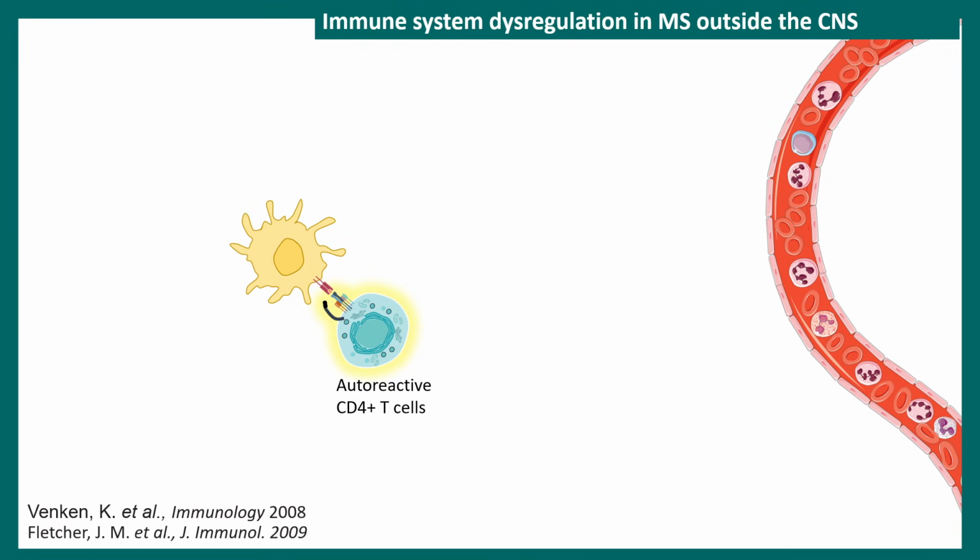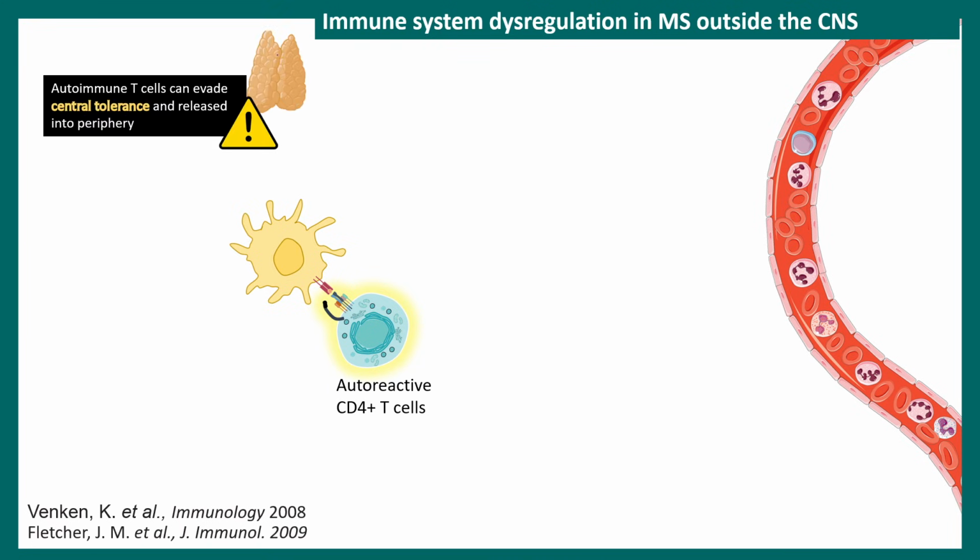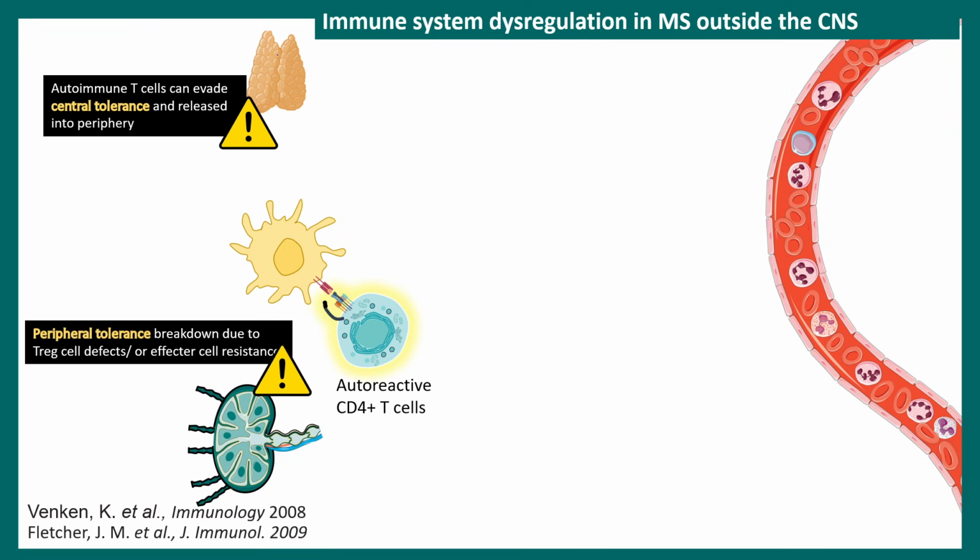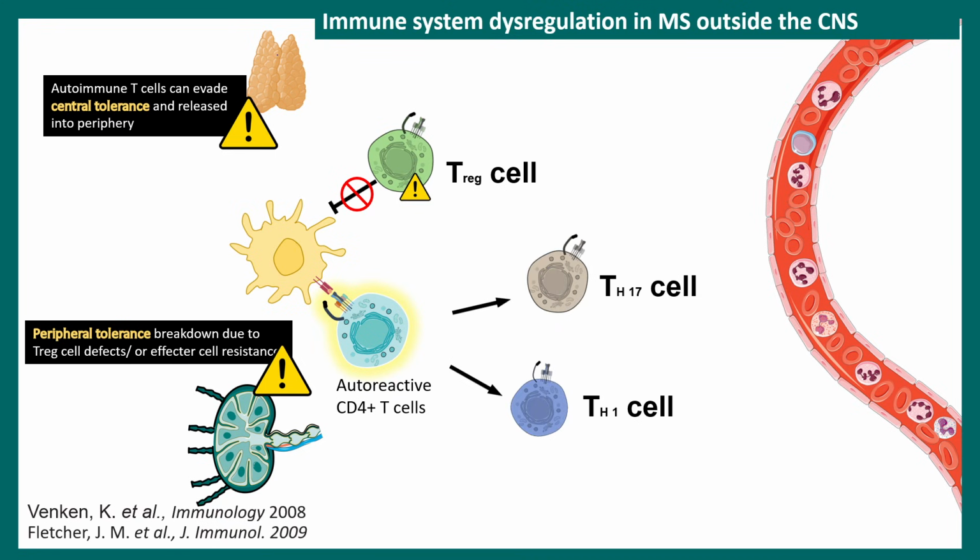So the question is how autoreactive T cells are generated. Obviously the central tolerance mechanism and the peripheral tolerance mechanism might break down, and that is why these autoreactive T cells are generated. It's also possible T regulatory cells, which prevent inflammation, also break down. That's why there is nobody to suppress the inflammatory cell types.